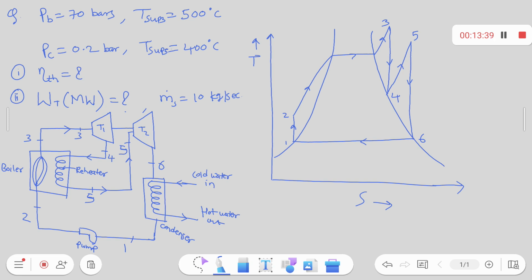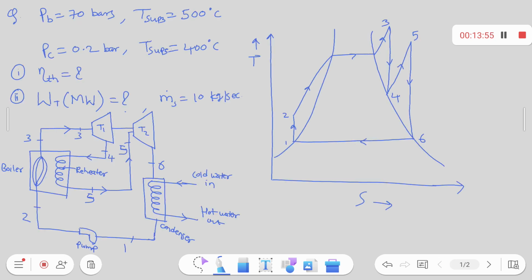Now next, from the steam table, now open your steam table. Now what is the condenser pressure? 0.2. So enthalpy at point 1 is what? HF. HF is what?